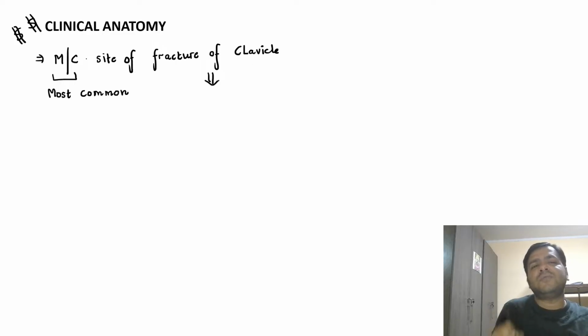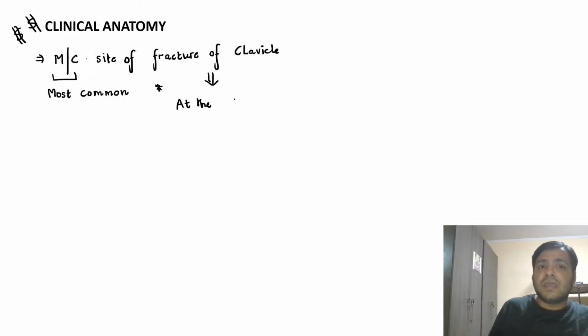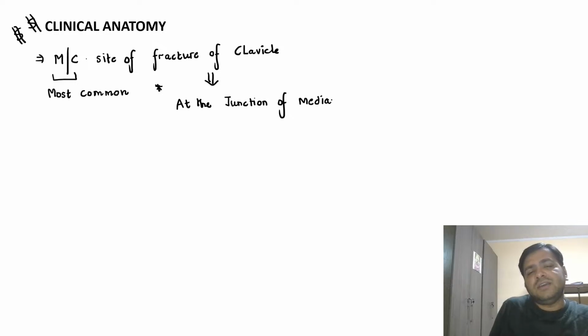Remember, the most common site of fracture of the clavicle, guys, is at the junction. Please update this point according to Gray's Anatomy. Earlier, the answer was different. Now, guys, the answer is different. At the junction of the medial 3/5 and lateral 2/5 of the shaft.